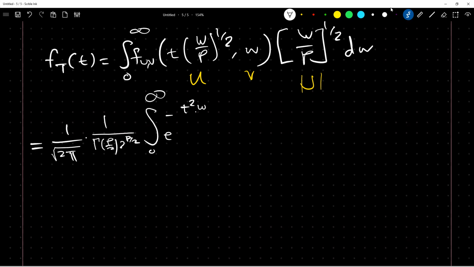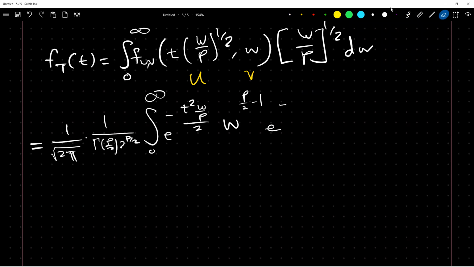So here, I'm going to have this divided by 2. Wait a minute, W is not in the exponent, sorry, I lied. Okay, so that one's good to go. And then my W is going to be like this. This is part of the gamma. All right, yeah. And then I'm going to get e to the minus W over 2.